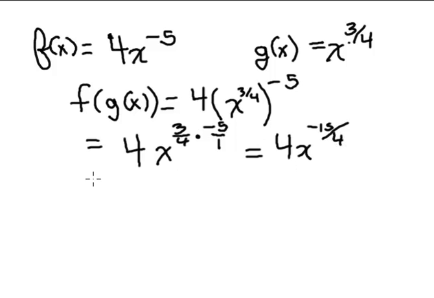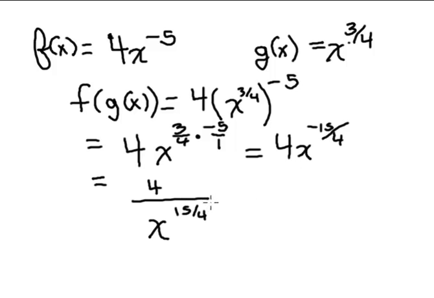Let's simplify this a little bit more. Since this is a negative exponent, we take it to the denominator, so it will be 4 over x to the 15/4. Notice that when I took it to the denominator, it is no longer negative, it's now positive. When you move a negative exponent to the denominator, it becomes positive. If you had a negative exponent already in the denominator and moved it to the numerator, it would also become positive.